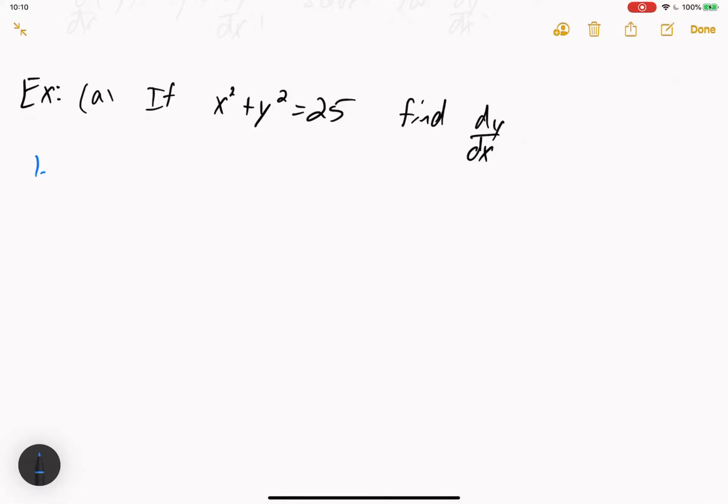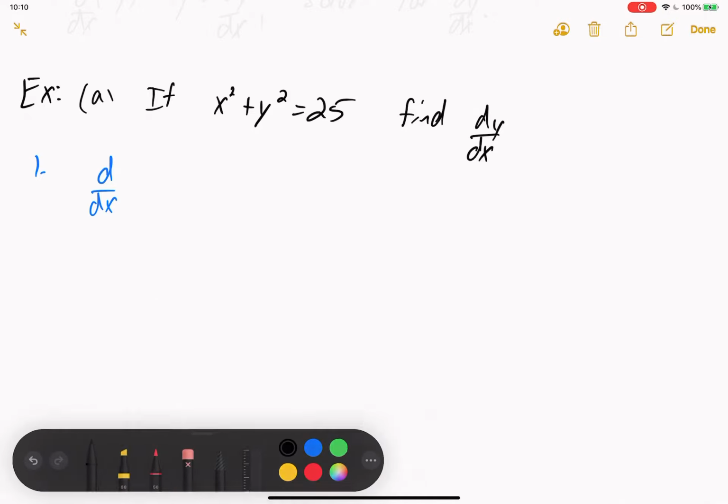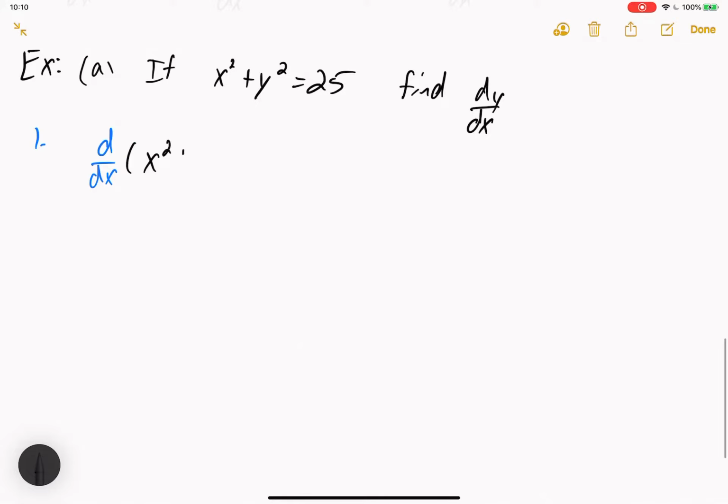So the first thing I want to do is differentiate both sides of the equation. So we want to do d of dx of x squared plus y squared, and then d of dx of 25.